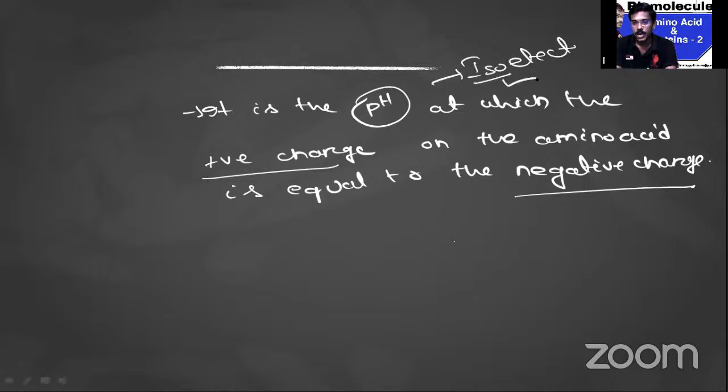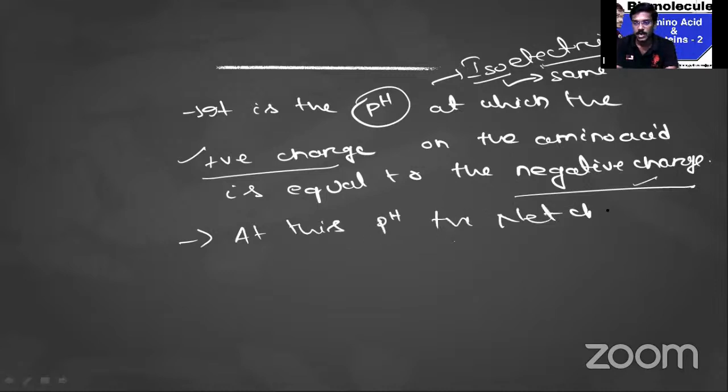Iso means same. What is the isoelectric point? The point at which the amount of positive charge and negative charge becomes the same, or at this pH the net charge will become 0. At which pH the net charge of the amino acid becomes 0, that is called the isoelectric point.